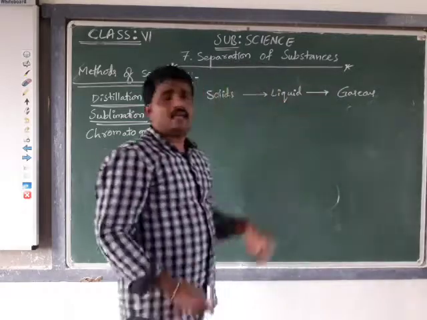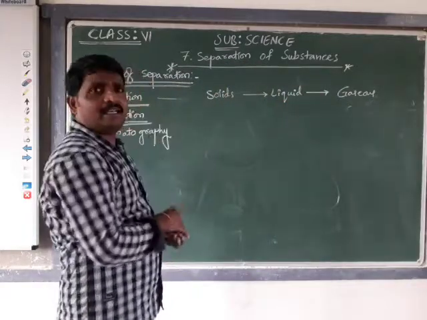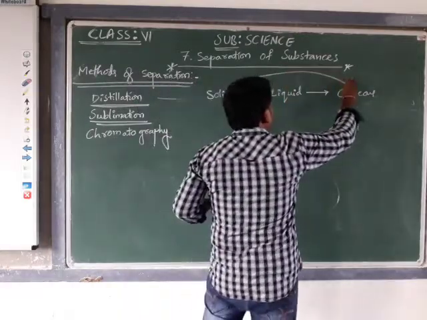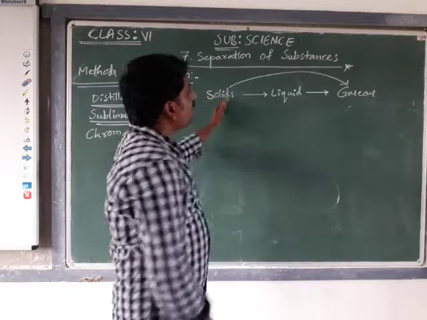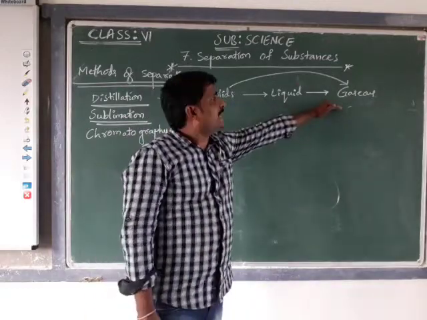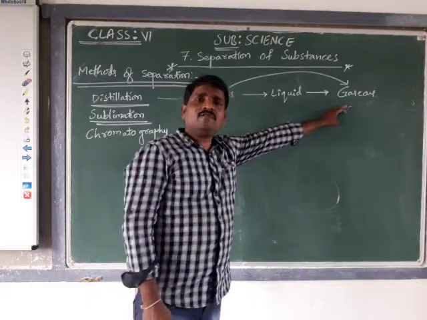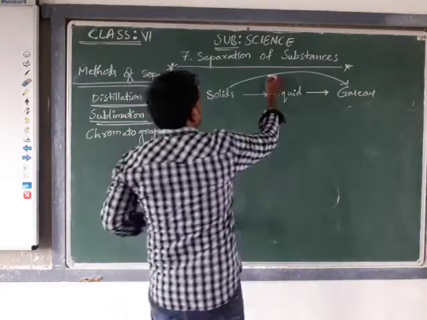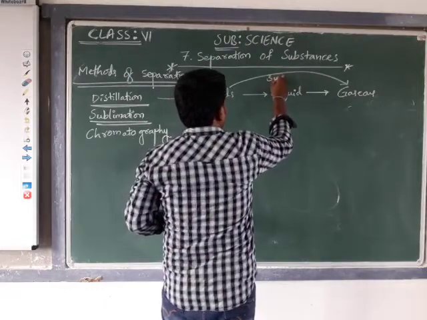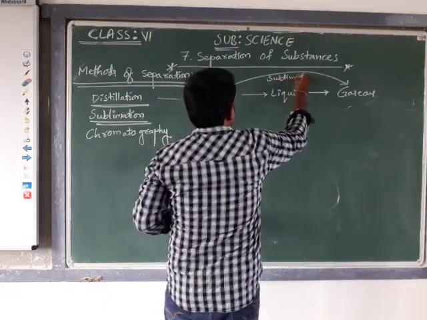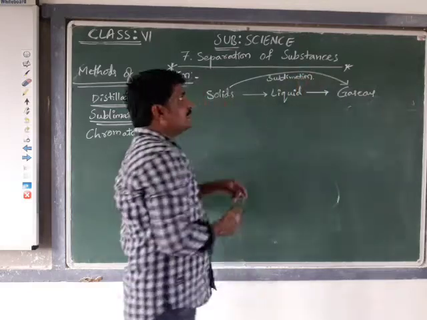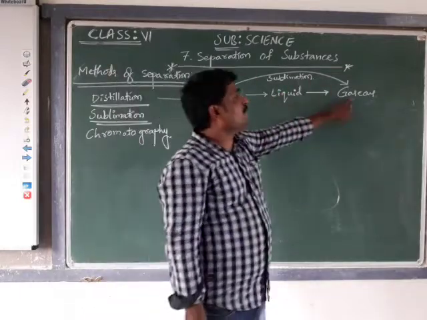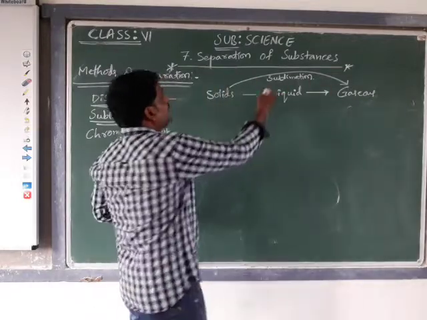This is the phase change that in general it follows. But if a solid, whenever it is heated, directly converts into gaseous form by skipping the liquid phase, that process is called sublimation.